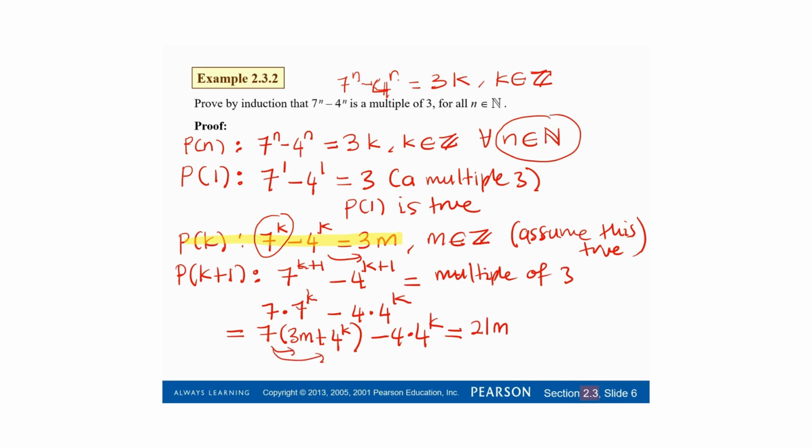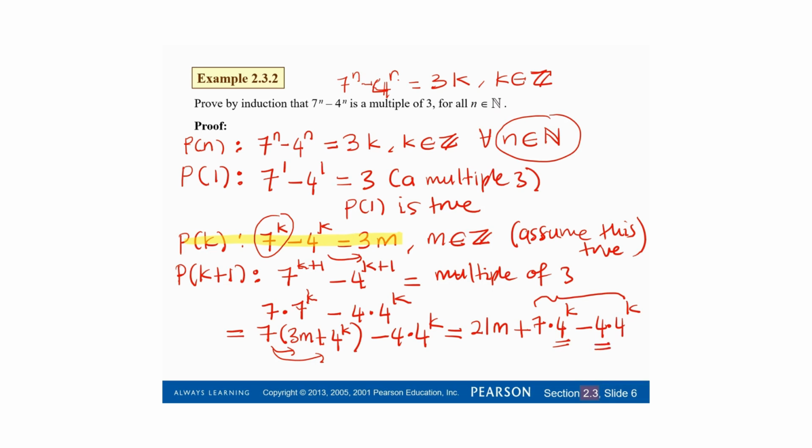Okay, and I have plus 7 multiplied by 4 to the power of k minus 4 times 4 to the power of k. Right? So now look into the last two terms that we have here, which is 7 times 4 to the power of k minus 4 times 4 to the power of k.